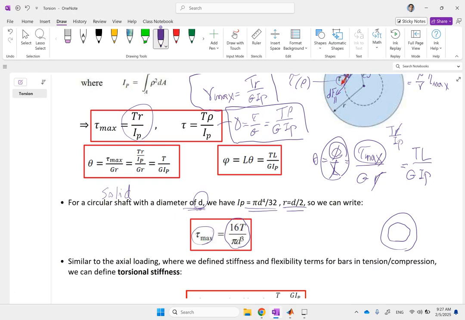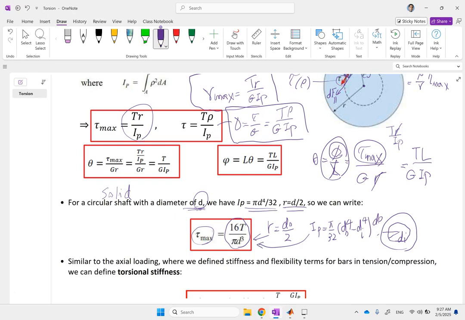Now you might say, what if it was hollow? Well, for a hollow one, what you have is an outside diameter and inside diameter, do and di. In that case, R is going to be do over 2, and IP is going to be pi over 32 times do to the 4 minus di to the 4. And you can plug them both into this formula.